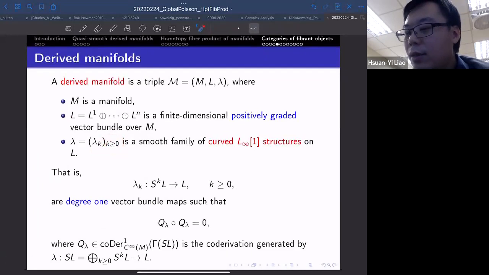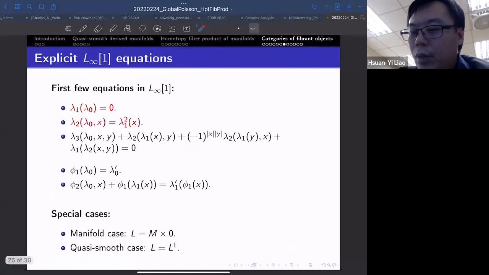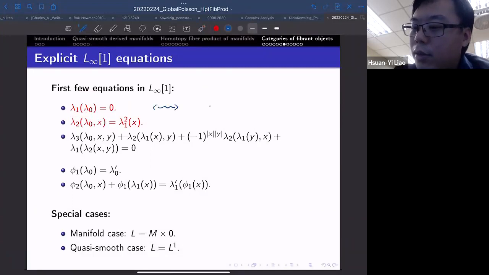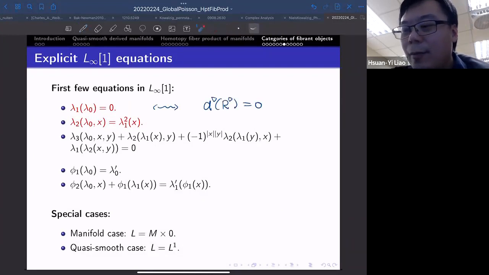The lambda 0 is called curvature because it has this equation, and this is a kind of Bianchi identity, the second Bianchi identity. And that's why this is called curved.